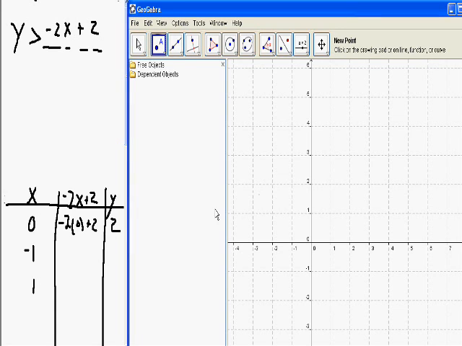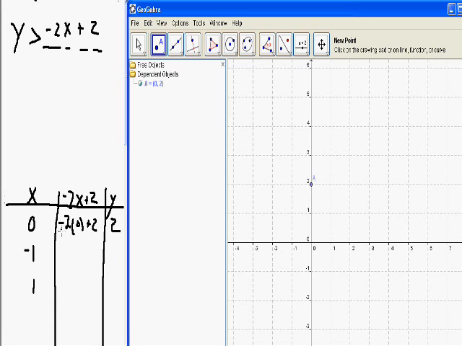Now I'm going to go to my grid and find when x is 0, which is at the origin, and y is 2. I'm going to plot that point. You can see my point A is at 0, 2, and its coordinates are listed off to the left.